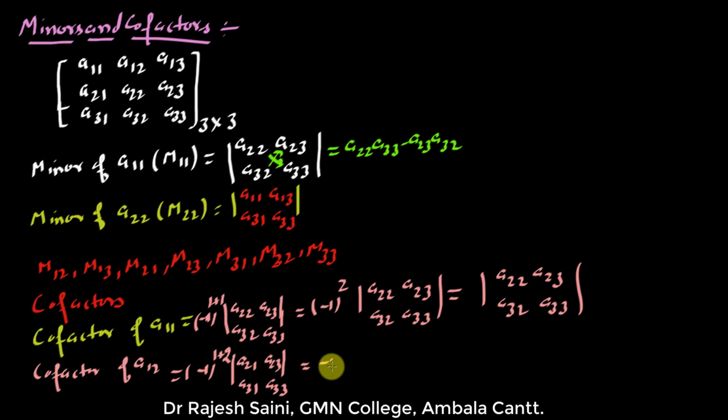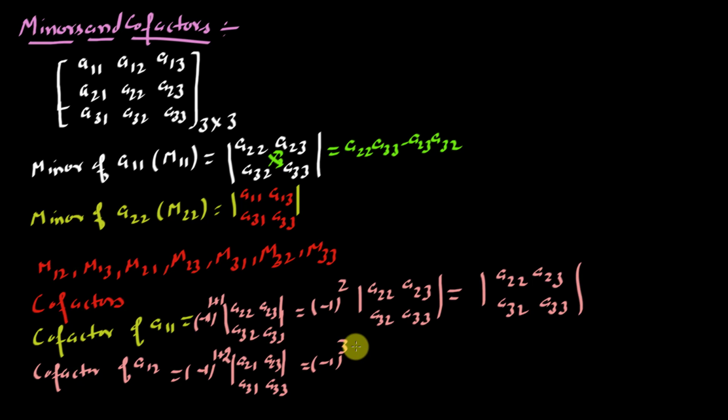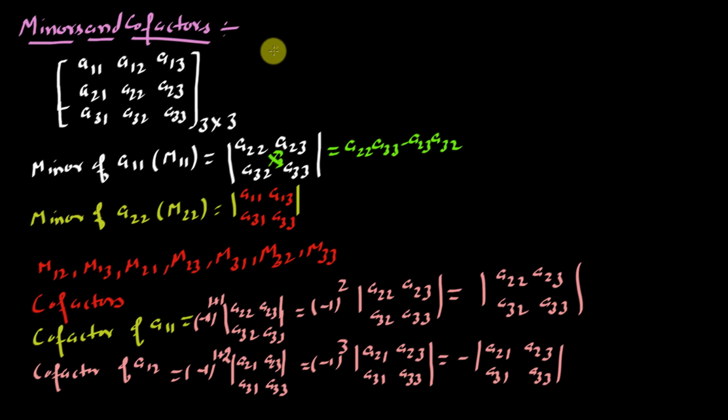So this will be minus 1 raised to the power 3, and the rest remains the same. So this will be minus the determinant of A21, A23, A31, A33.